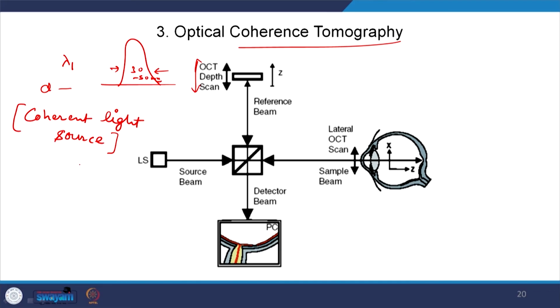Then for each value of lambda you can have this maximum or minimum condition at different thicknesses of D. So, that is how it is used for imaging of a sample. For different thicknesses it has a maximum value and then you can have interference maxima, and from there you can conclude what this depth profile looks like.